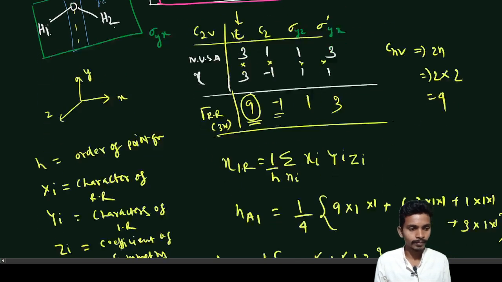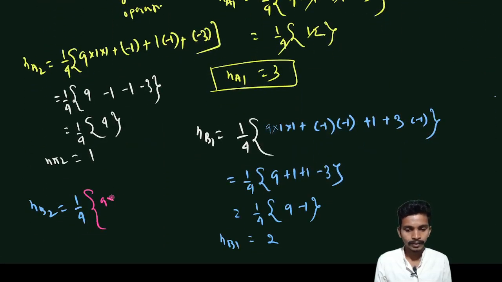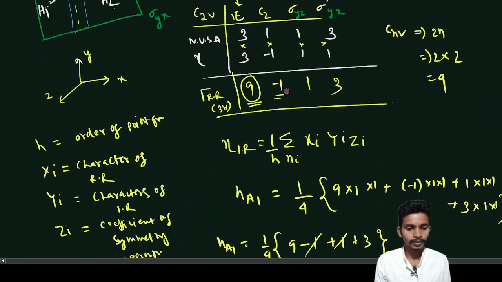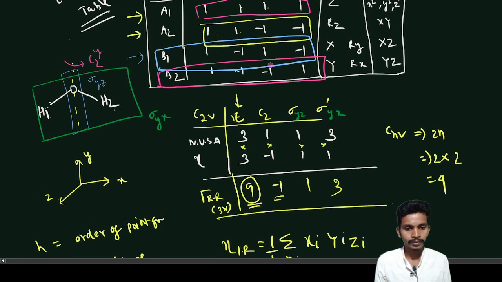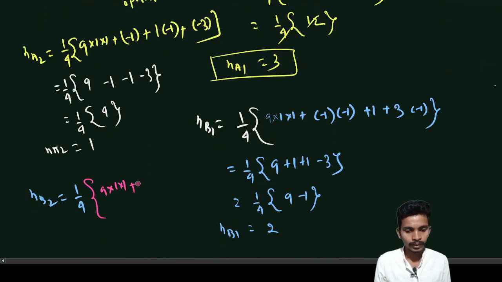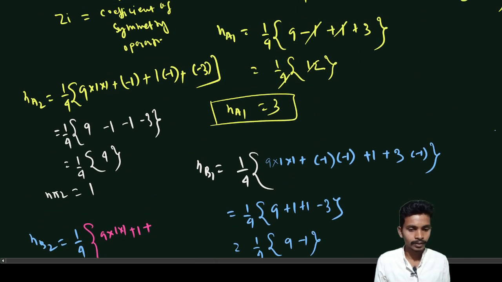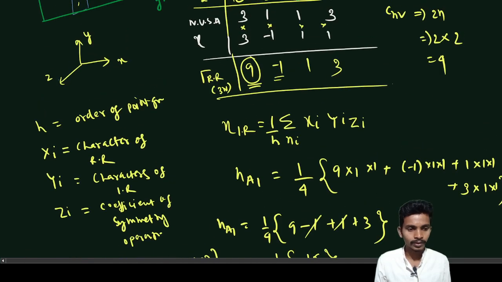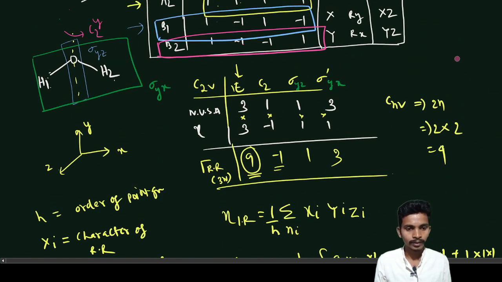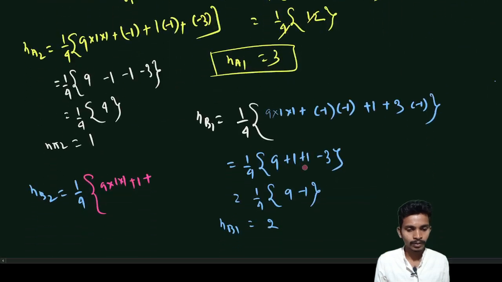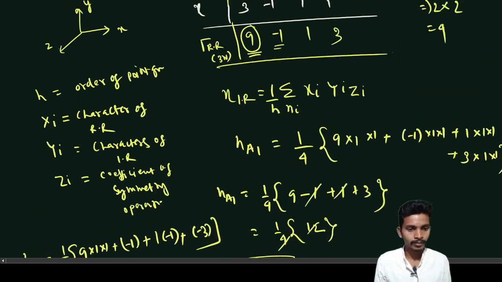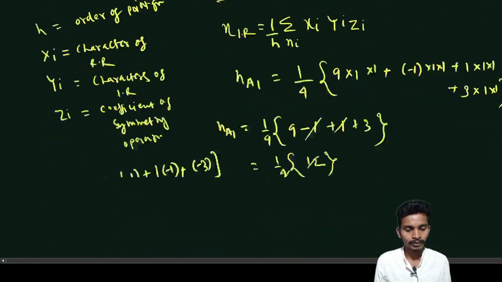So this is 9 first, 9 into, full value is 1 into 1 plus, now this is minus 1, and this is also minus 1, so it's going to be 1 plus, now next value I am using, this is 1, and this is again minus 1, so this value is going to be minus 1, and last value is 3, this value 3, and these are 1.